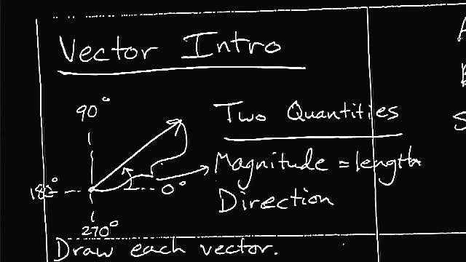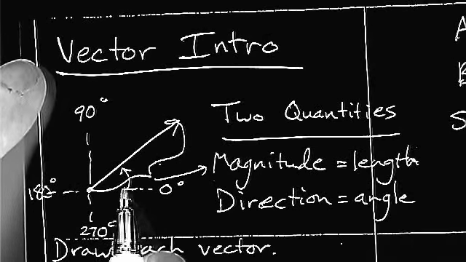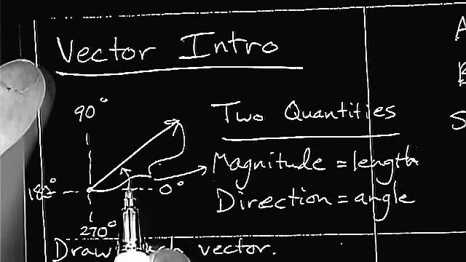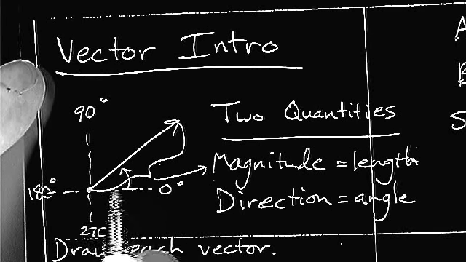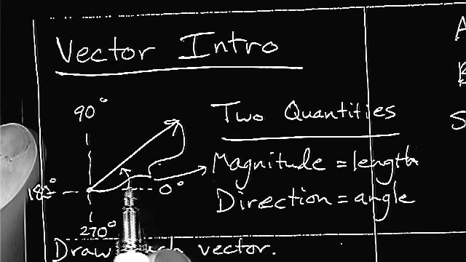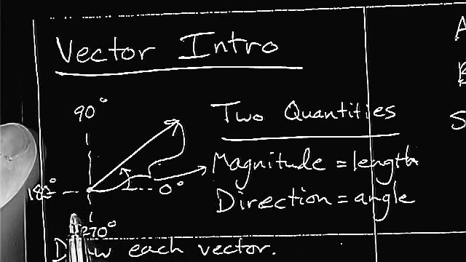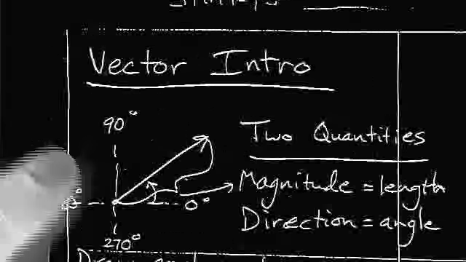So I would be estimating, okay? But direction refers to the angle measurement. So we have a magnitude, which is the length, and a direction, which is this angle that you see measured from this part of the x-axis. And yes, we do measure the direction from this part of the x-axis, even if the vector was drawn down here, it would still have that angle going all the way around.